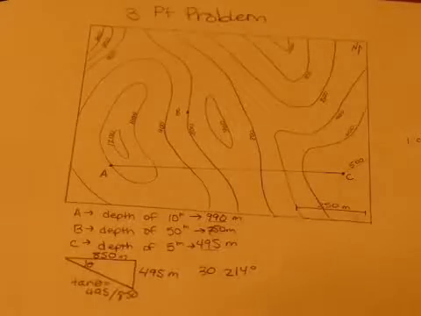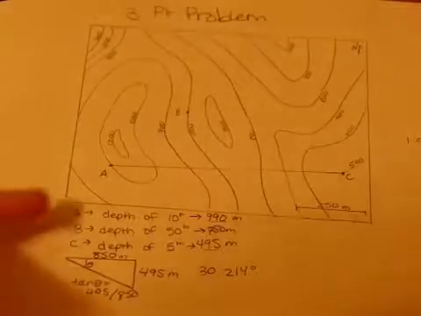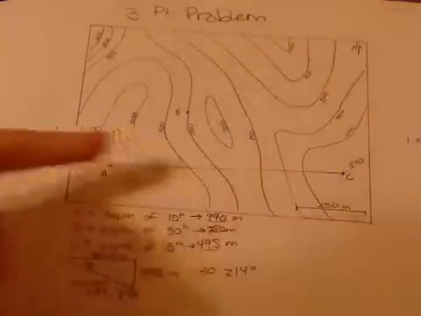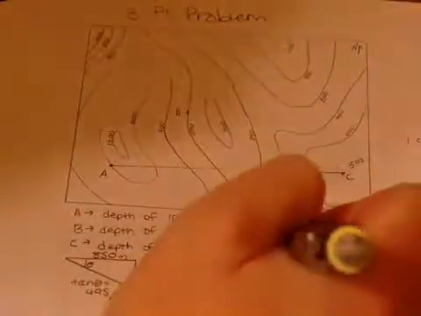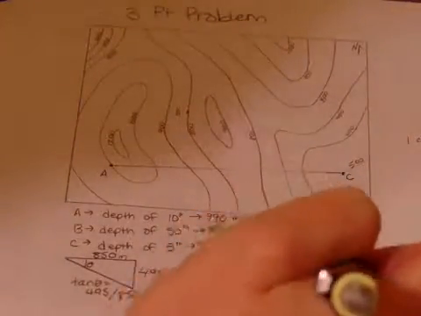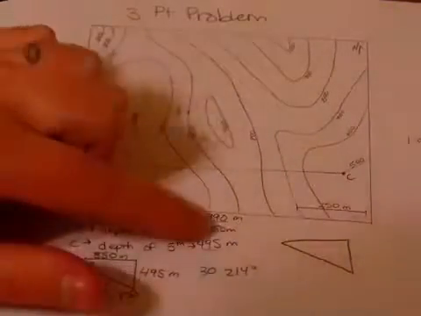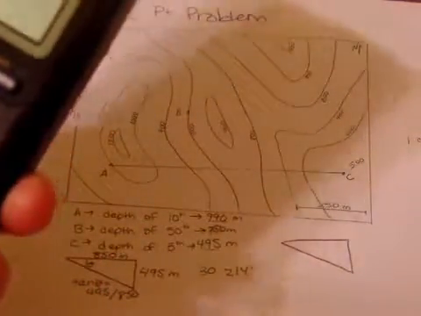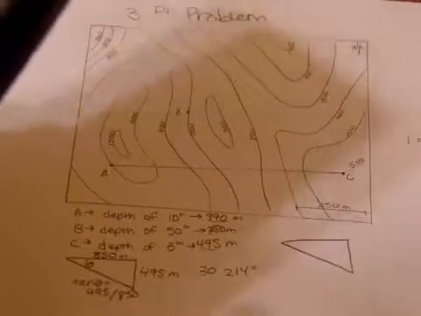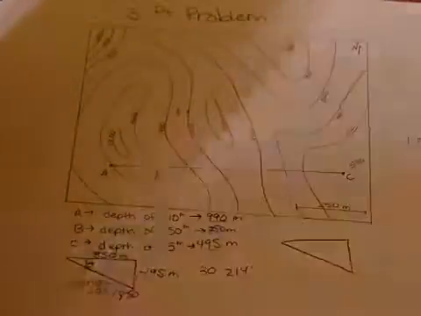So next we need to figure out where B, if B is at an elevation of 750 meters, where would 750 meters be on this line? Okay, so to do that, let's draw another triangle. We're going to say the height difference between B and C is 750 minus 495, which is 255.